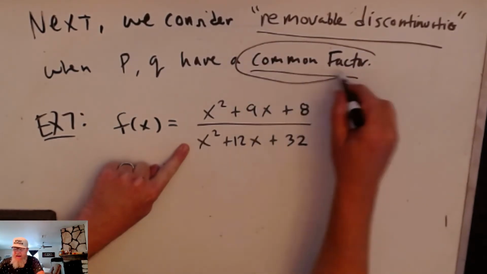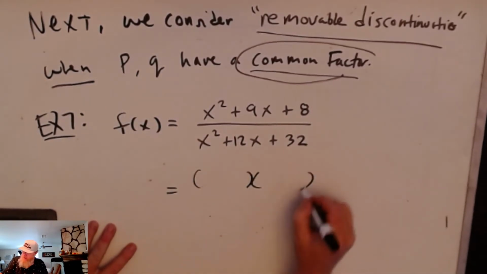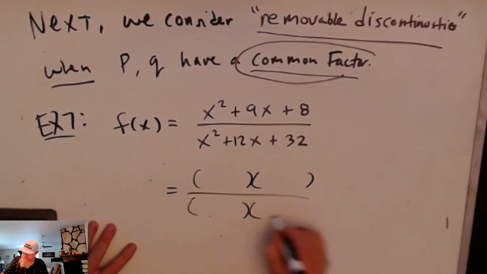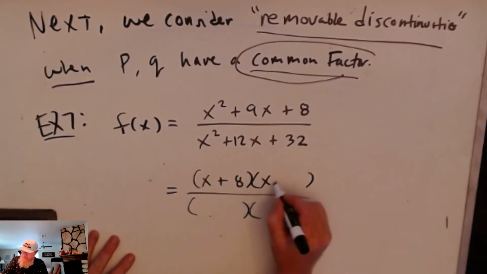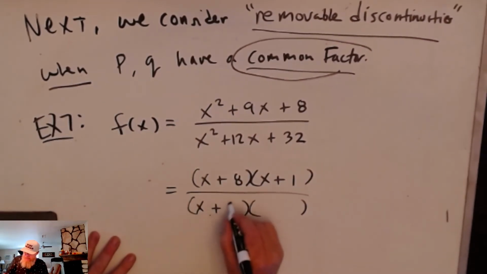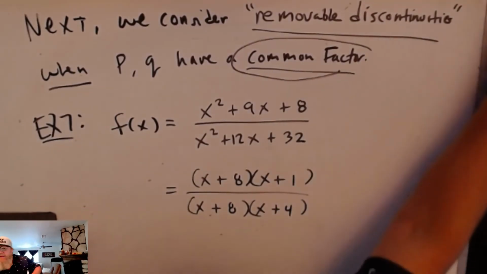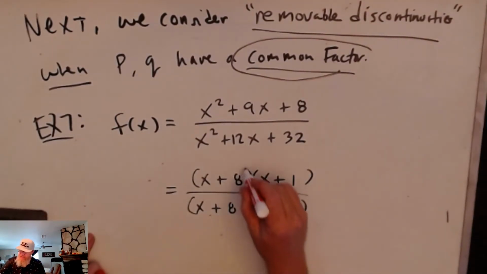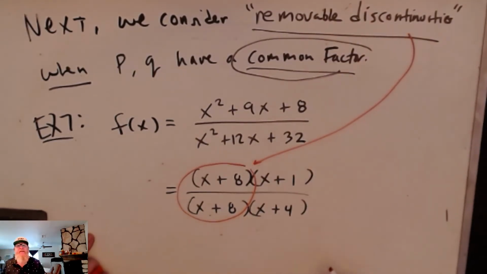And if they have a common factor, which I kind of gave it away, x plus 8, x plus 1, that's the numerator. And the denominator is x plus 8, x plus 4. This is called a removable discontinuity.